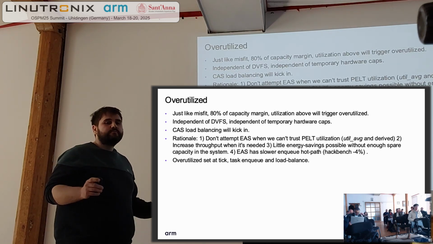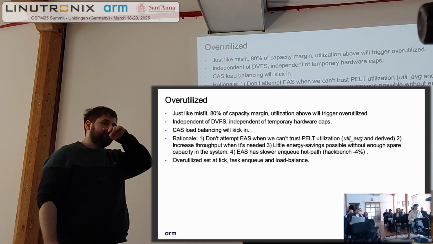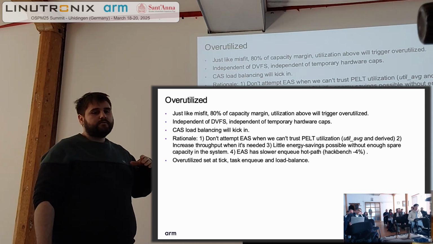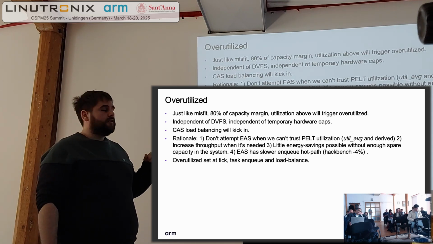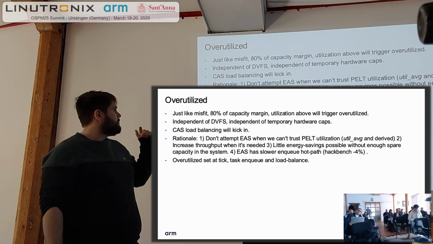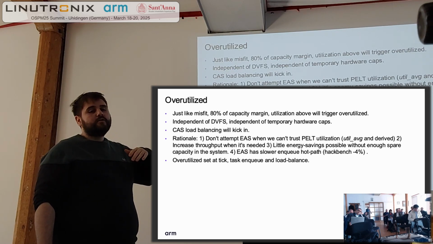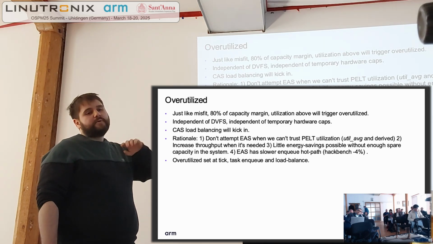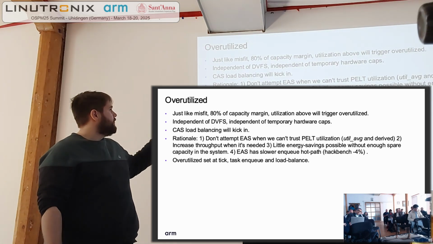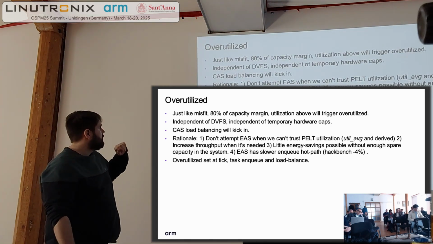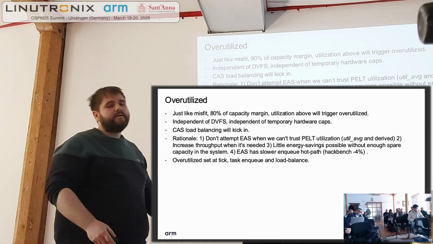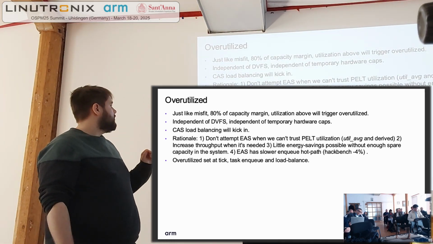Overutilized, similar to misfit. So misfit is when a task doesn't fit on a CPU. We have a threshold, or a margin. We want to keep 20% spare capacity. So everything over 80% utilization of the capacity is what we call overutilized. It's independent of DVFS, so it's just the CPU maximum capacity in a sense.